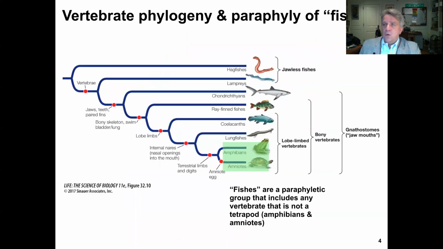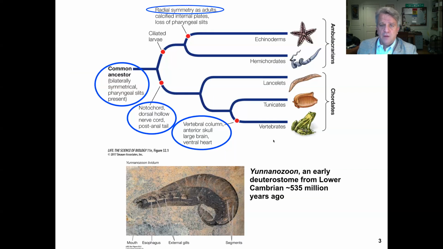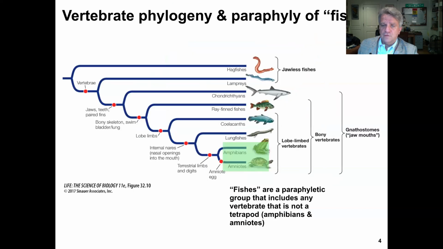Okay, now we're going to zero in on the phylogeny of the vertebrates here. So we are moving from the deuterostome phylogeny, and we're going to zero in on the vertebrate branch here. So let's expand that. Now, the thing that becomes readily apparent in looking at the phylogeny of vertebrates is that essentially all vertebrates, except those that we call tetrapods, that is the vertebrates that have 4 limbs, are fishes.